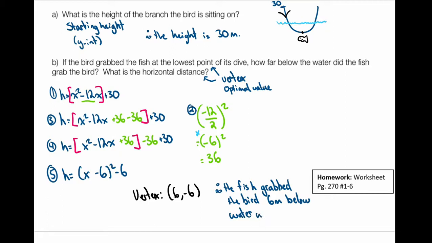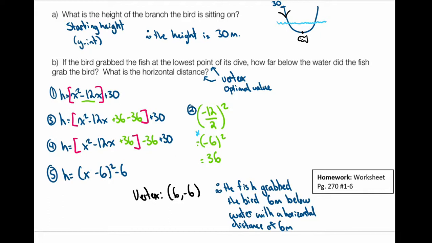And we can say with a horizontal distance of 6 meters, which is the x value.